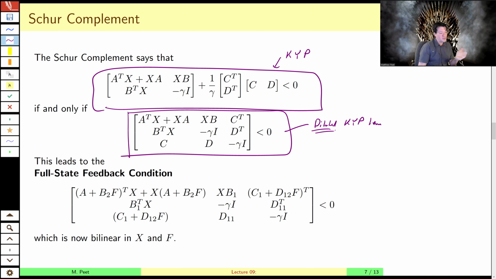But the terms are simpler. It's linear in gamma, and as we'll find out, it's convenient for controller synthesis as well. So if we now plug in A plus B2F here for the A matrix, and we plug in our version of C here, that shows up there and there, and B becomes just B1, and D is just D11.